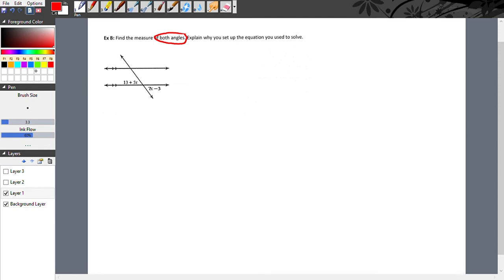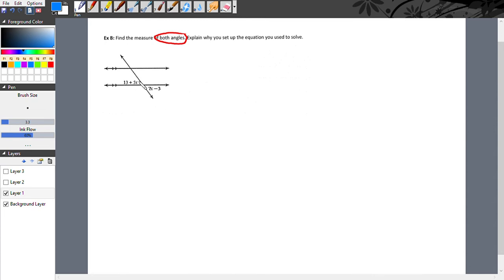Next up, we're going to figure out what we're going to use to help solve for these. So let's take a look at our picture and see what theorem, postulate, property we might use. Now looking at this picture, I've got to figure out what are those 2 angles that I see, how are they related?